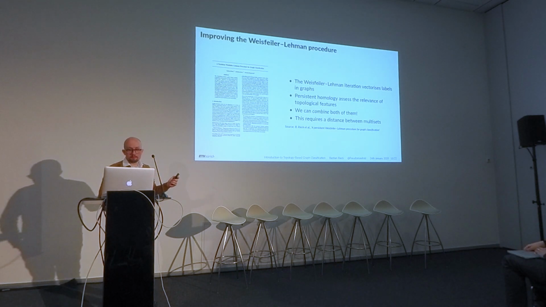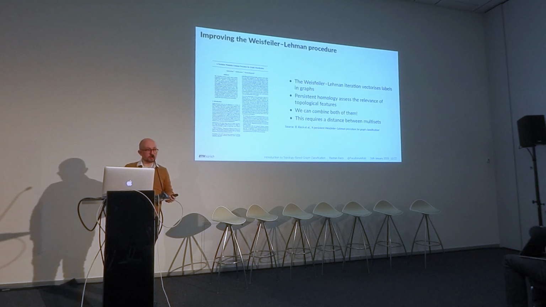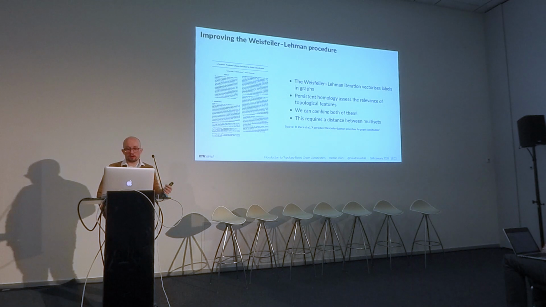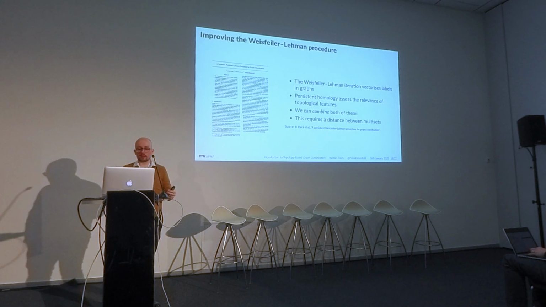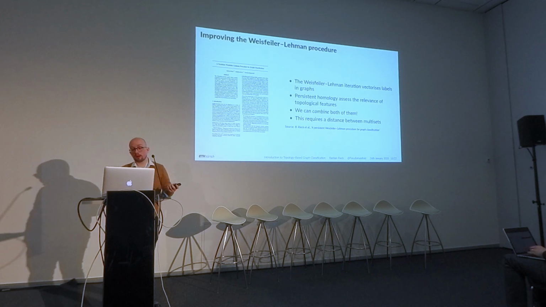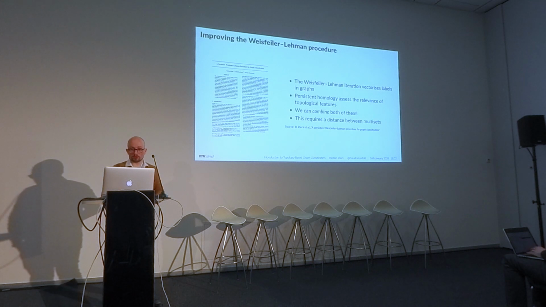Namely, persistent homology assesses the relevance of topological features. The WL iteration, the Weisfeiler-Lehman iteration, on the other hand, vectorizes labels in graphs. So we could combine both of them, and get a way to classify labeled graphs and learn the relevance of their topological features.